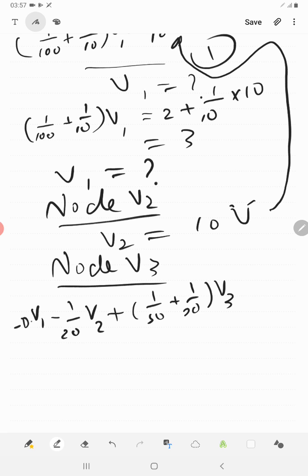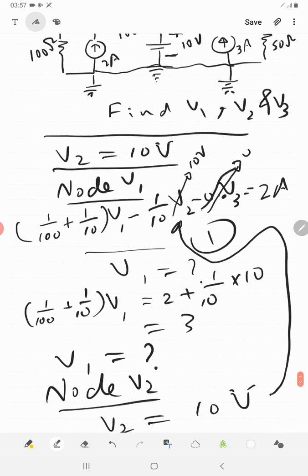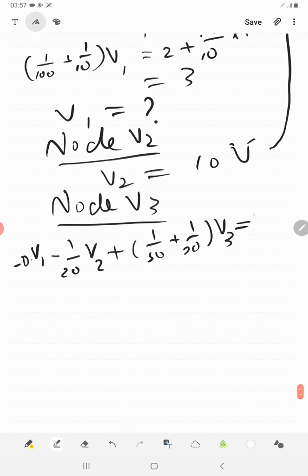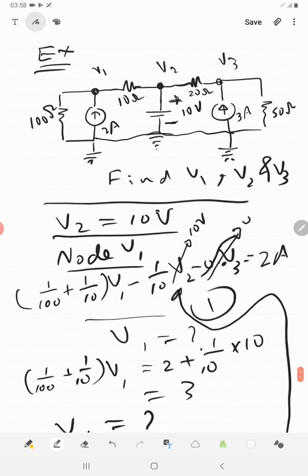So simply, and this is equal to what? Equal to 3 amps. Equal 3. So 1 over 50 plus 1 over 20, is that 20? Yes, 50 and 20.